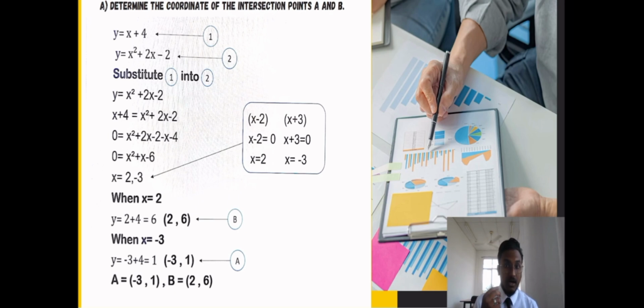So this is for coordinate point A, and the previous one is for point coordinate B, as you can see here. So A equals to negative 3 and 1, and B's coordinate is 2 and 6.